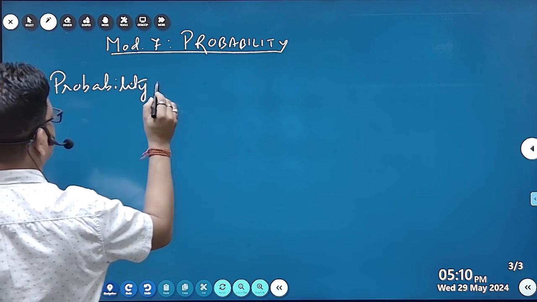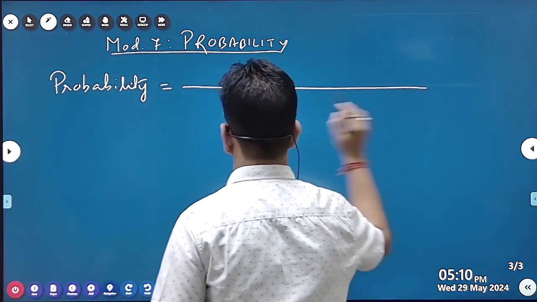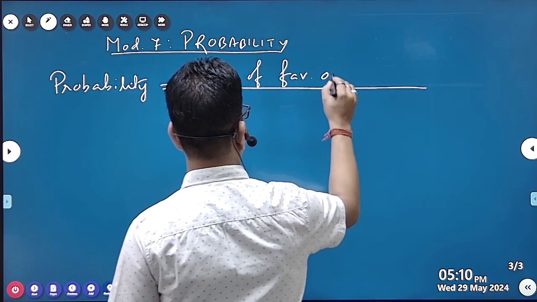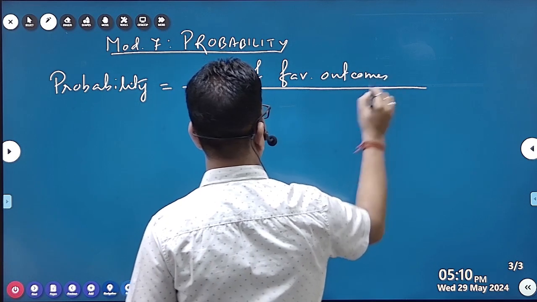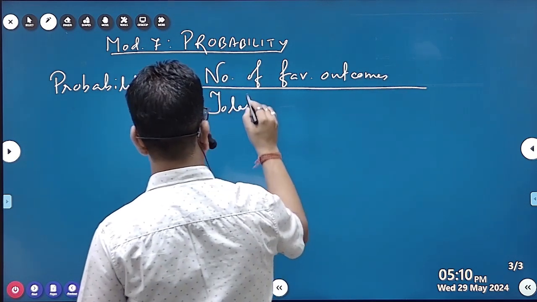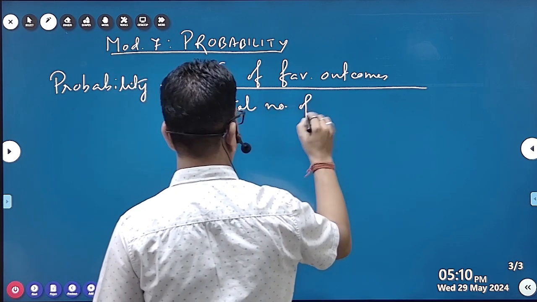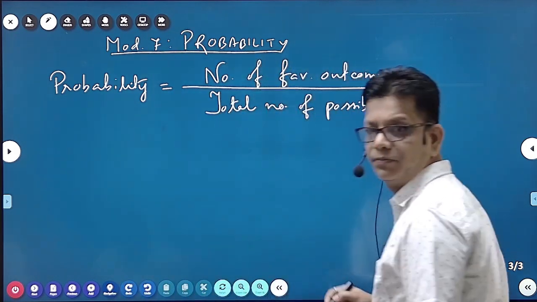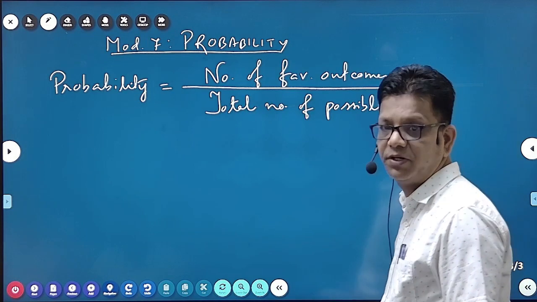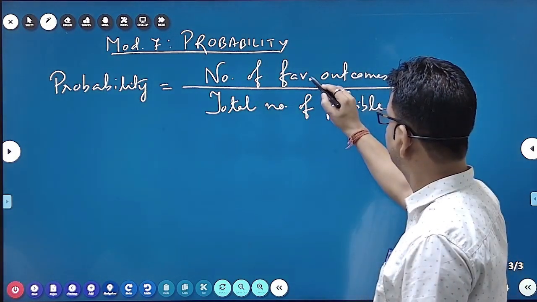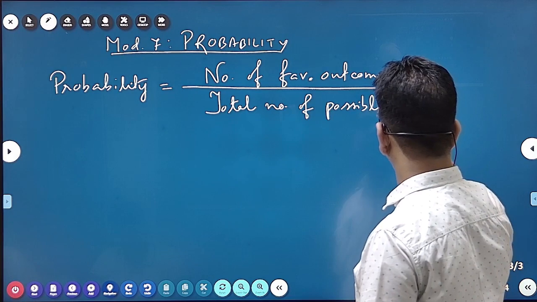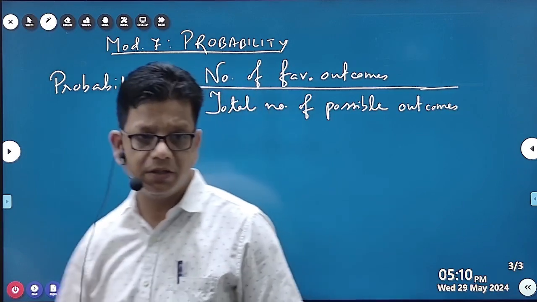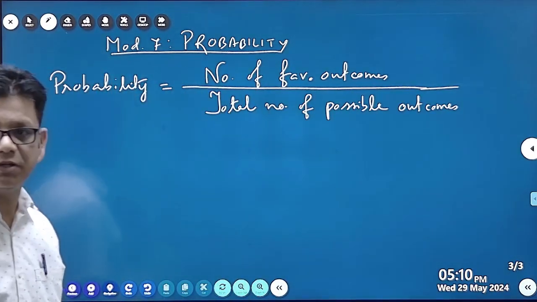Probability in general, we use the number of favorable outcomes divided by the total number of possible outcomes. So using this, we go for finding probability. FAV is favorable in short. So number of favorable outcomes by total number of possible outcomes. This is our main topic, and using this we'll try to find some of the probabilities.